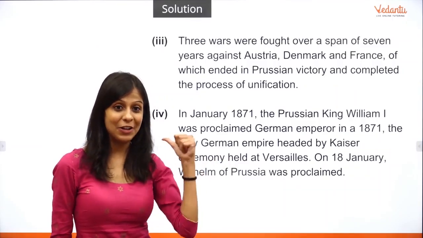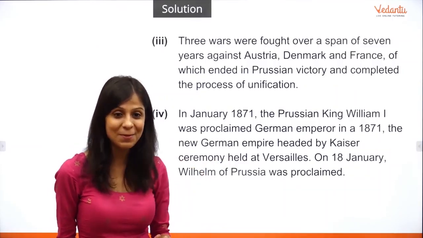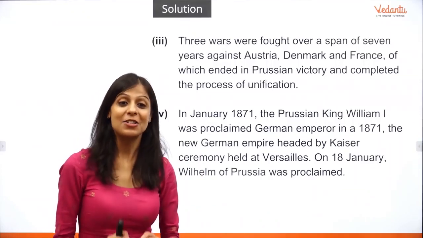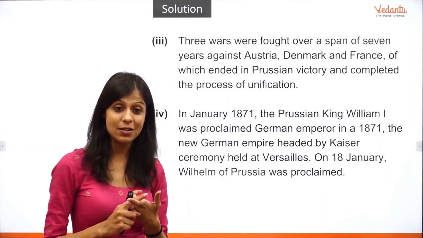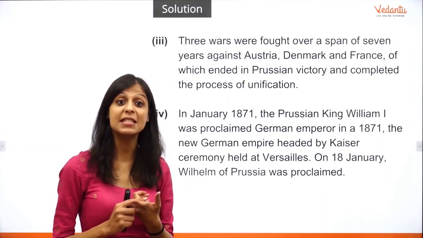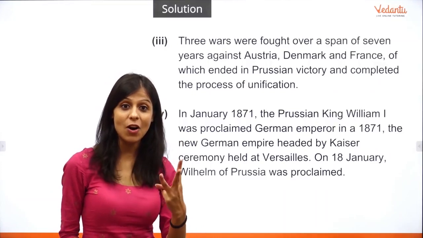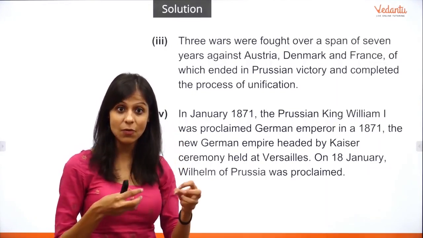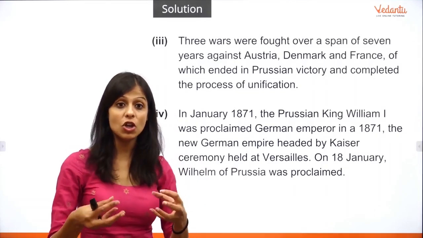These people in Germany were so determined that whatever comes our way, we are not going to give up. So they fought 3 wars over almost 7 years. And finally this helped in the victory of Prussia and German unification.